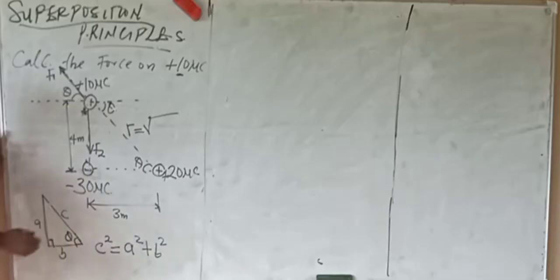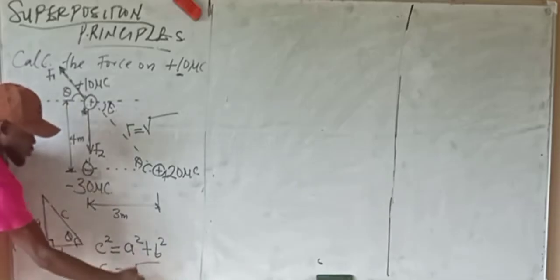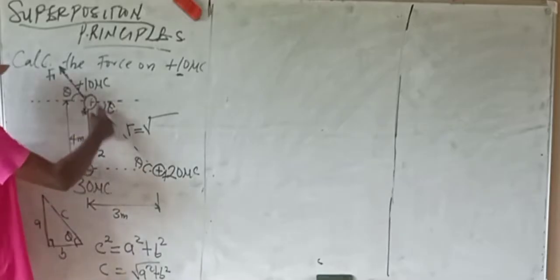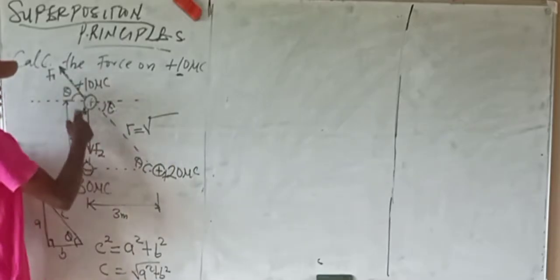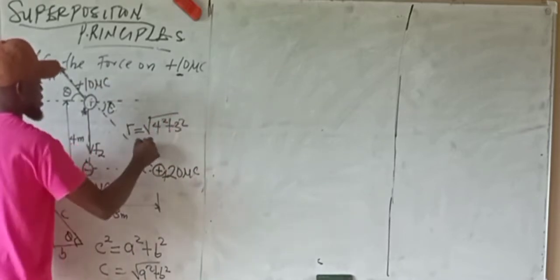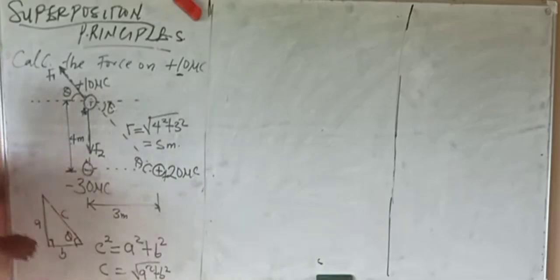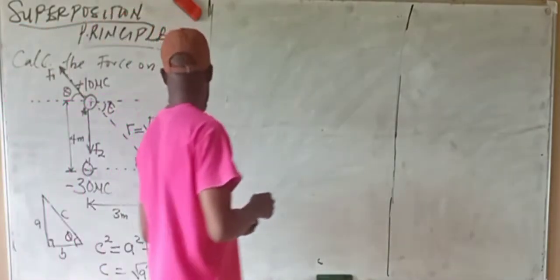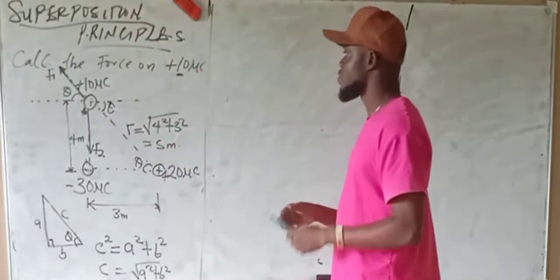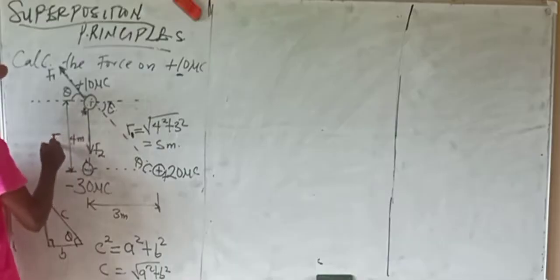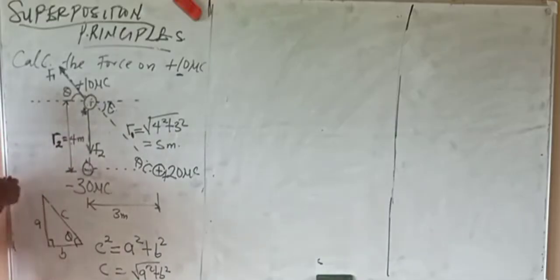So C is the square root of A squared plus B squared, which is the square root of 4 squared plus 3 squared. That's 16 plus 9, which is 25, and the square root of 25 equals 5 meters. So the distance between them, let's label it r1, and r2 for the other one. Please take note of that.